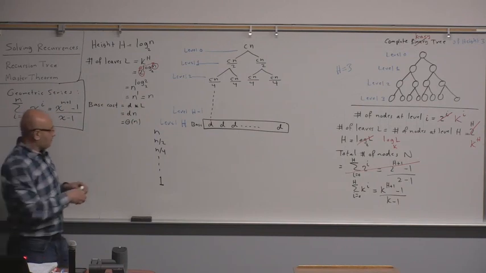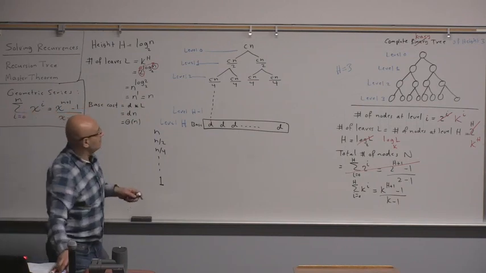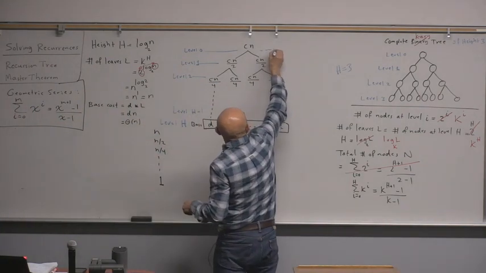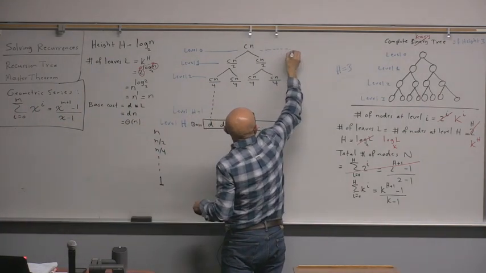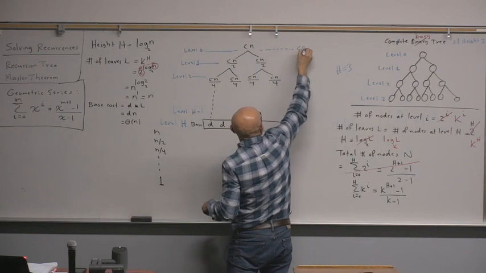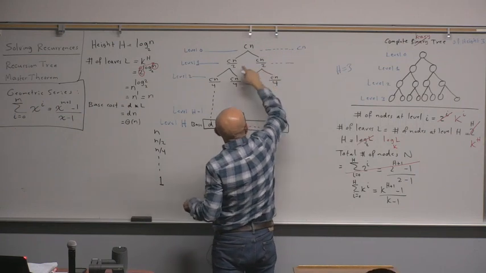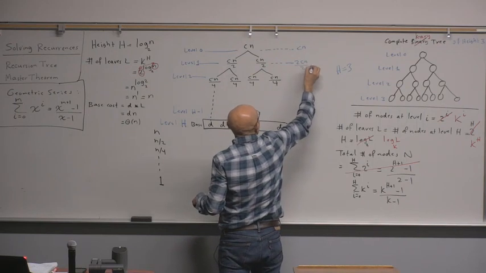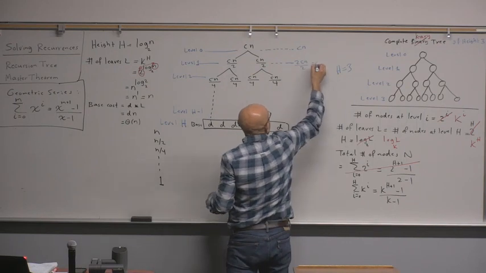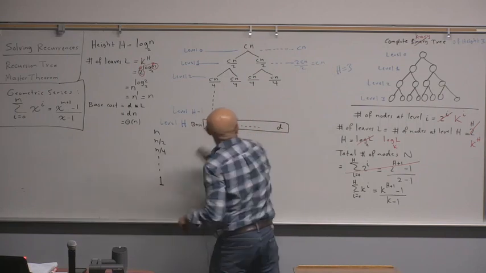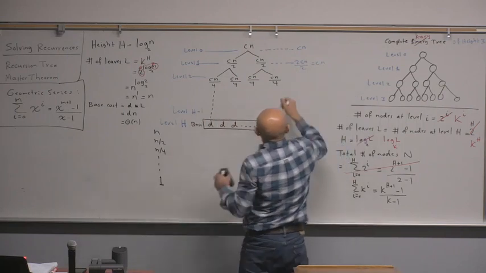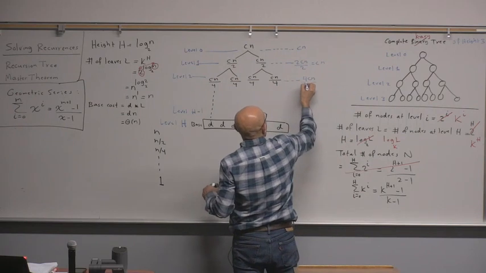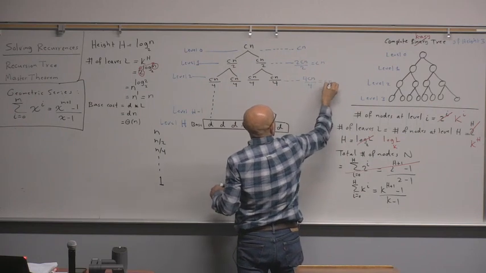Now what's the internal cost? For the internal cost, we just do the summation at each level. The cost at this level is Cn. The cost at this level is 2Cn over 2, which is Cn. And the cost at this level is 4Cn over 4, and this is another Cn.